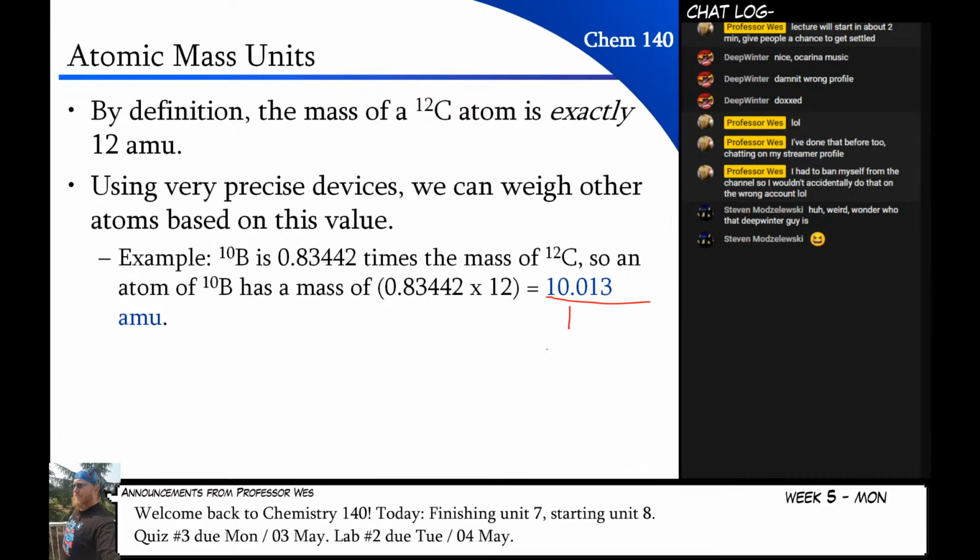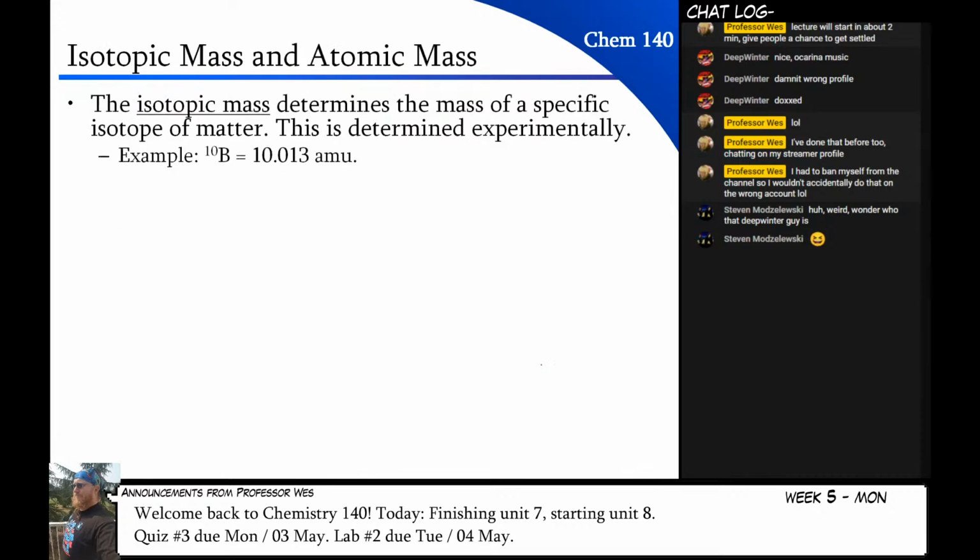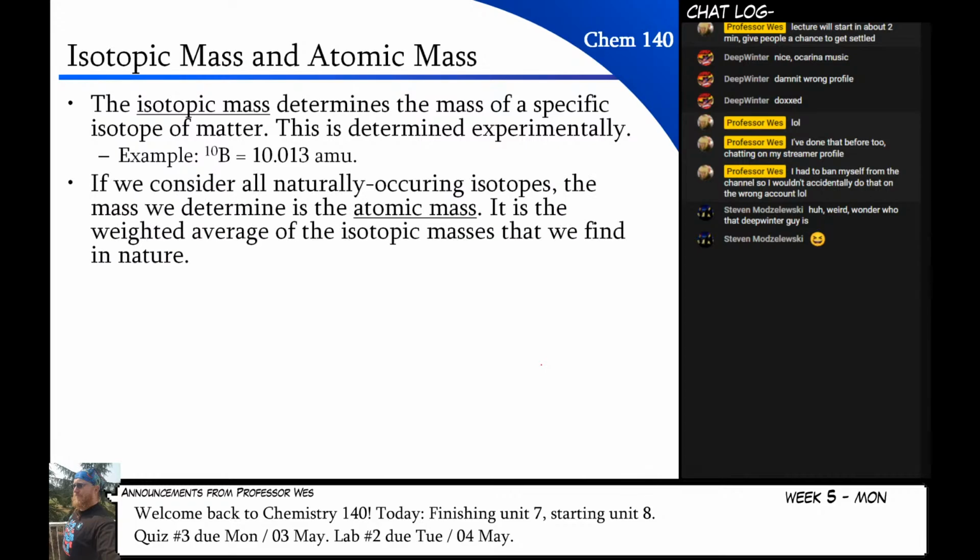This is an isotopic mass, because it's the mass of an individual isotope. If you know all the isotopic masses of the isotopes that naturally occur, you can then find the atomic mass by taking the weighted average.